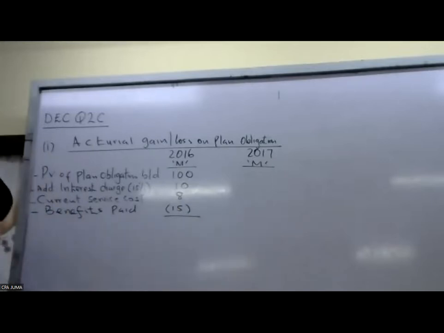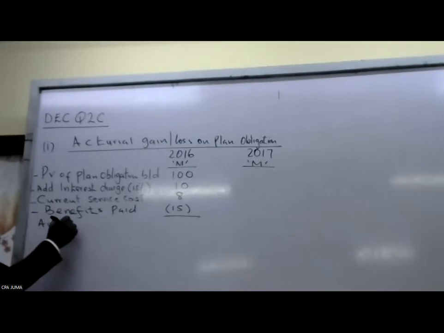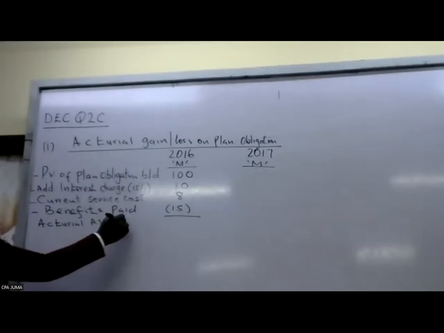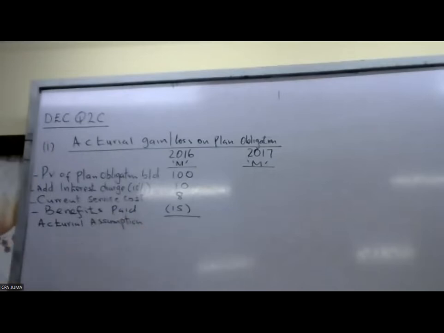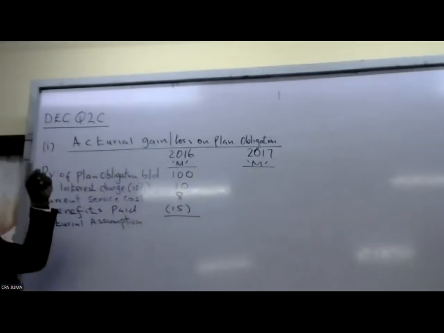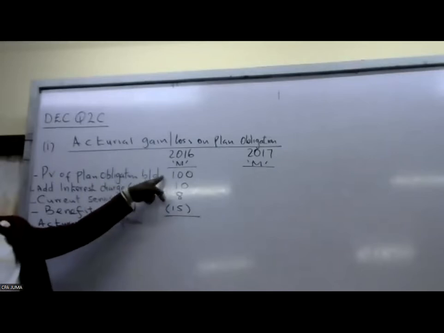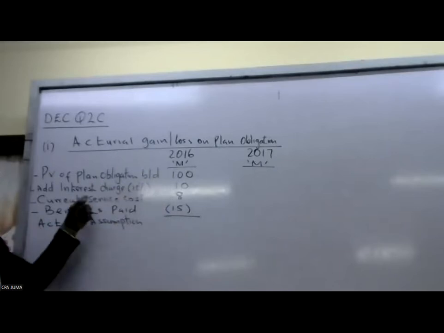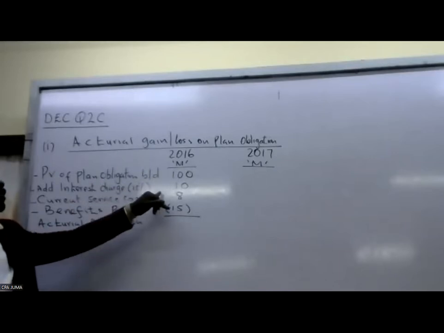So what you get, if you don't have projections, is called actuarial assumption. They tell you that during this year, if you don't pay, you will be charged 10% on this. Then you will have to incur current service costs for this year of this.